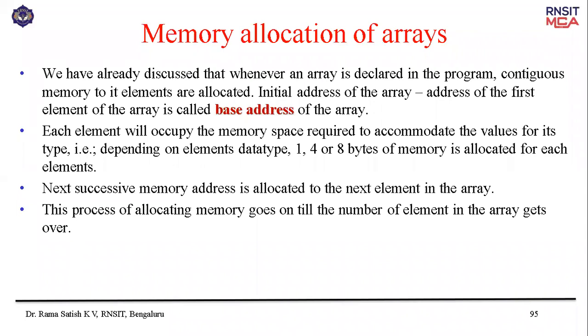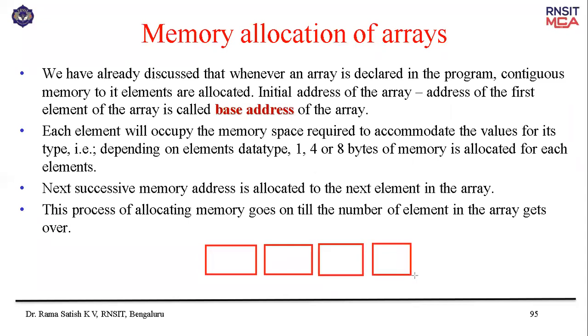For example, look here, I can draw it for you. This is the base address of the first element. The next element will also get the adjacent memory location, and similarly the next one.